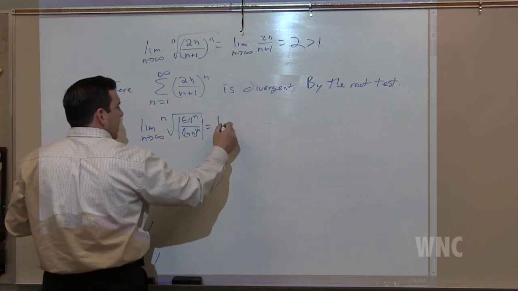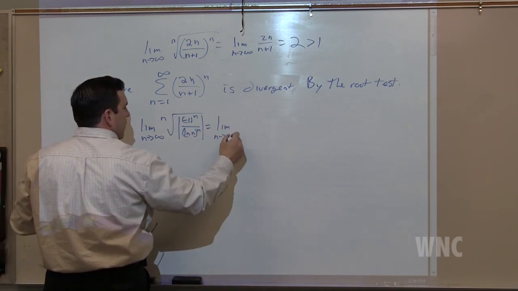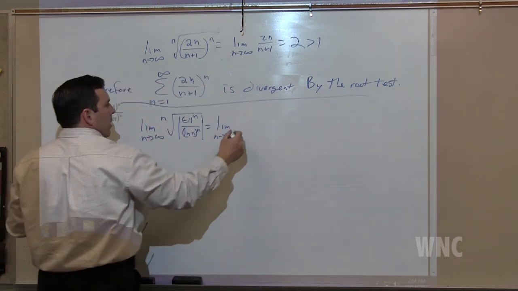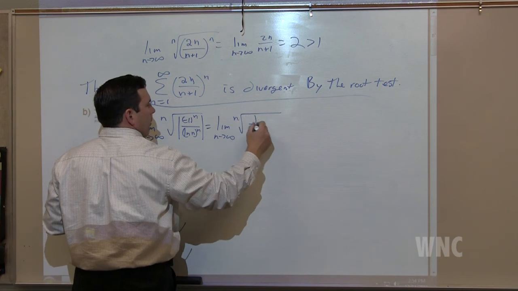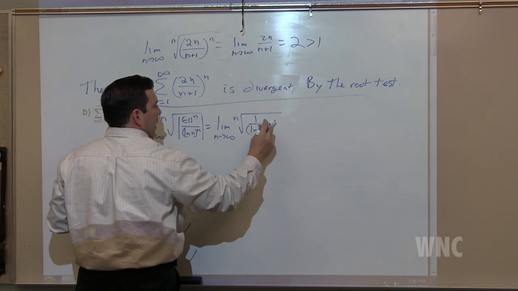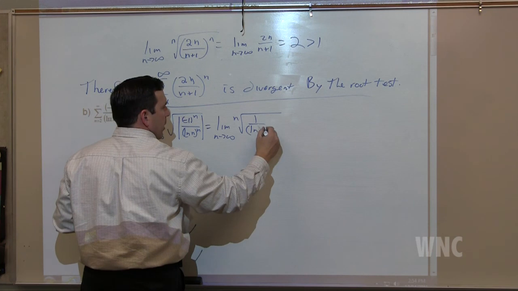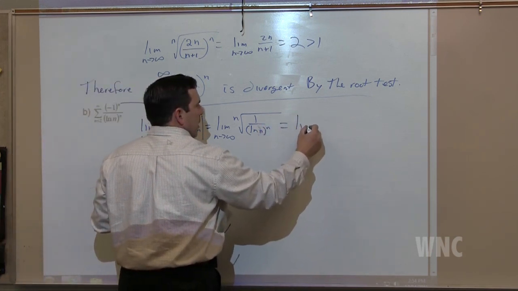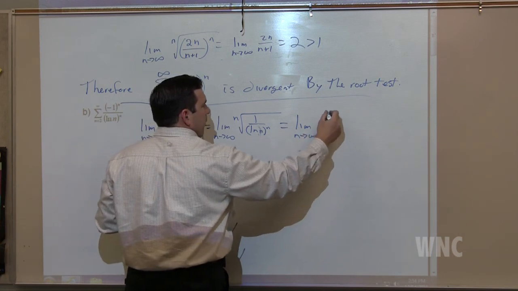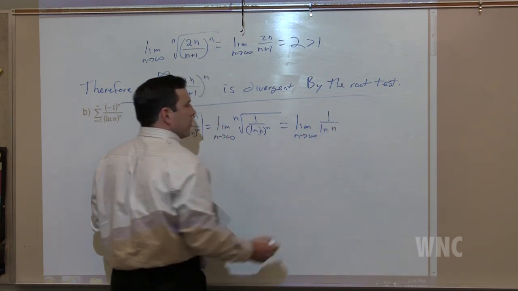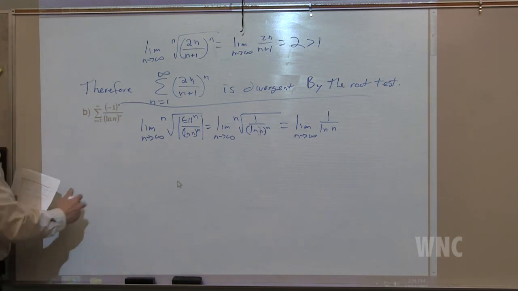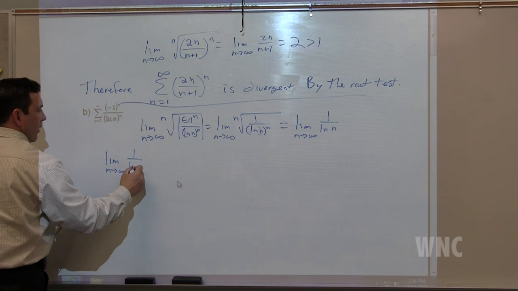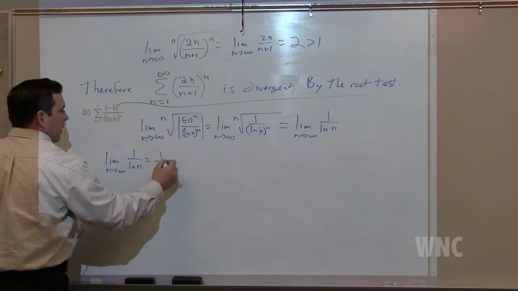And I'm going to do this in a couple of steps. So we have the limit as n goes to infinity of the nth root of 1 over natural log of n, that quantity to the n power. So we have the limit as n goes to infinity of 1 over natural log of n. So the limit as n goes to infinity of 1 over the natural log of n is 1 over infinity, which is 0.